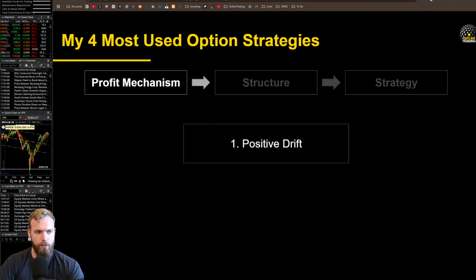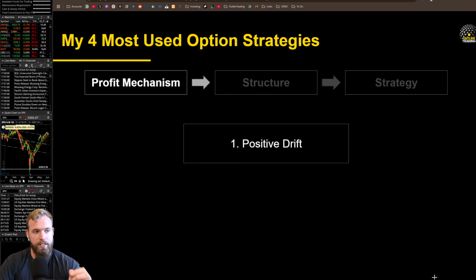The profit mechanisms that we're going to talk about today, there's 3 of them. These are only one profit mechanism. There's way more. Another example for positive drift is something like post-earnings announcement drift and so on. So the example I'm using in this context is that very long-term chart I just showed you. This essentially is based on an expanding economy, the fact that companies continue to grow because they find ways to innovate, become more efficient, and make more money.